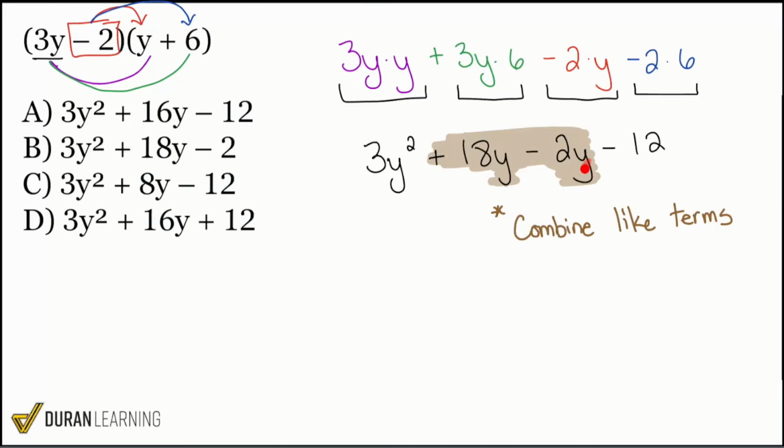Again, of the same variable. 18 of these y's minus 2 of these y's gives us 16 y's left. So that's going to be 3y squared plus 16y minus 12. And so the correct answer is going to be answer choice A.